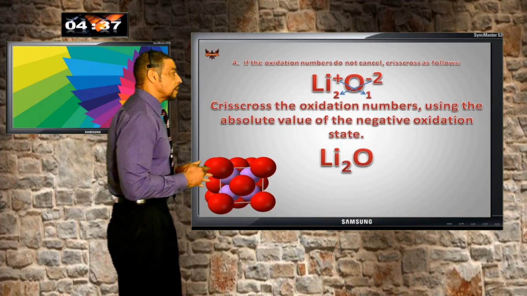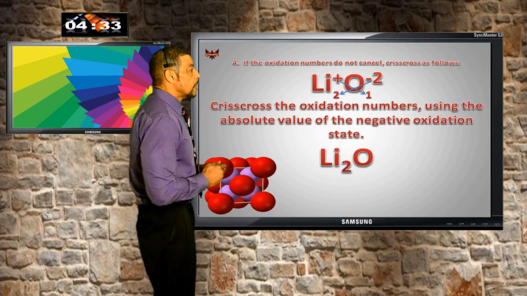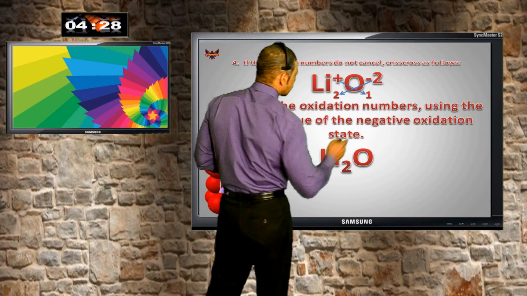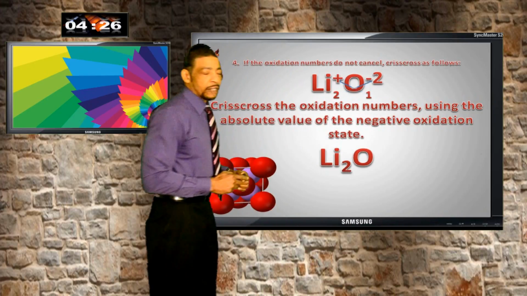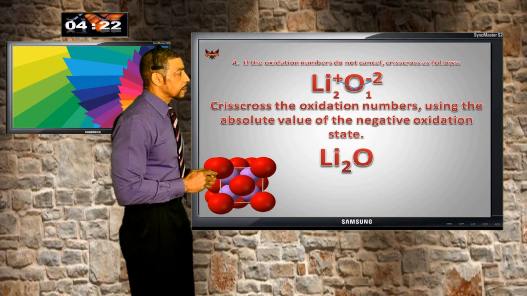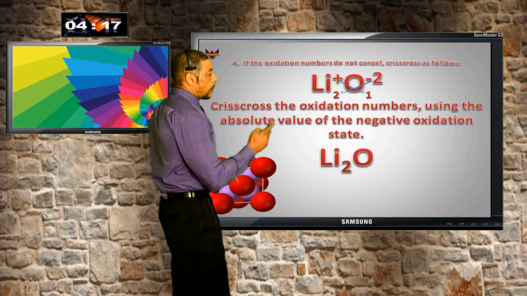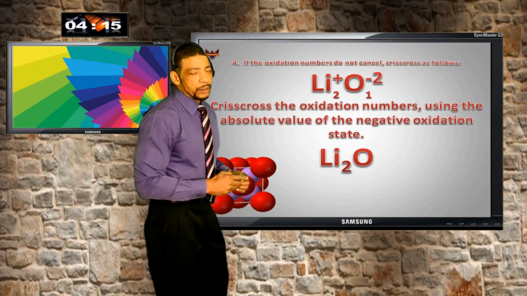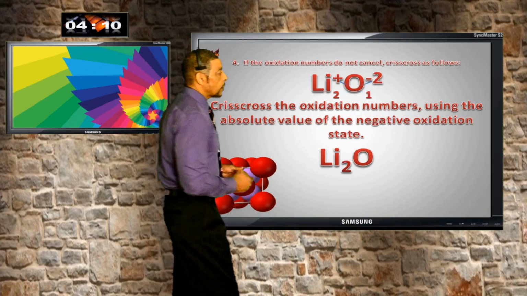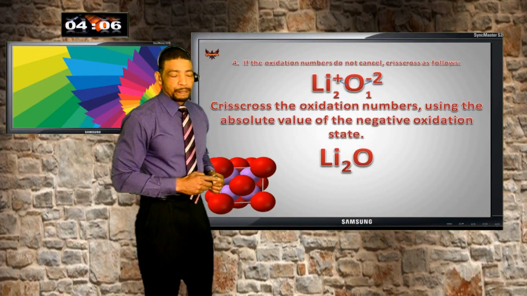Cross the oxidation numbers using the absolute value of the negative oxidation state. In this case, the negative oxidation state will be the -2 for oxide. Crossing over, we generate the following formula: Li2O. Remember, never cross over a 1 since the presence of O in the formula already indicates that there is 1 available.